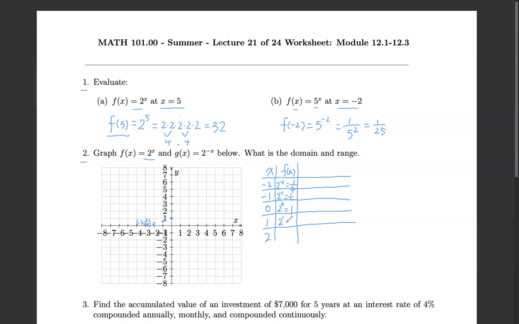Then 2 raised to 1 is just 2. So 1 comma 2, we get this point. Then 2 raised to 2, 2 squared, is 4. Then 2 comma 4, this point. This keeps going. So our graph looks like this. The graph connects those points.